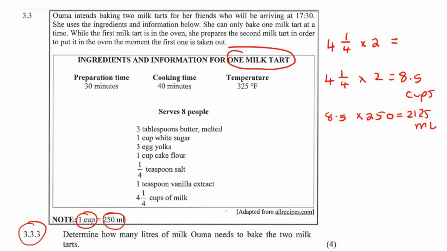But now they said how many liters. So remember that in 1 liter, there is 1,000 mils. So we need to change that back to liters. You would say 2,125 divided by 1,000, and that's going to give us 2.125 liters.